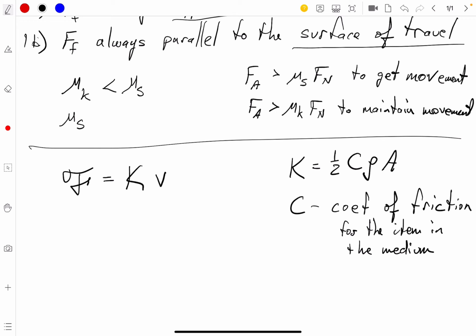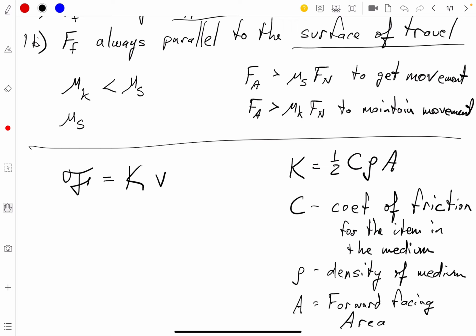That is your coefficient of friction. Rho is the density of the medium or material that you're traveling through. And then A, of course, is the forward-facing area.